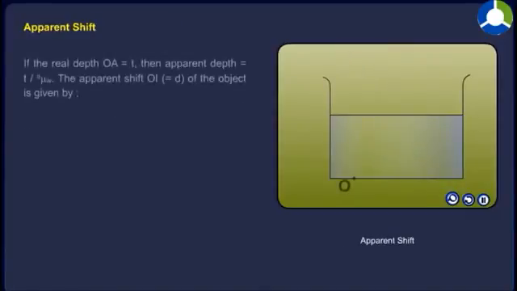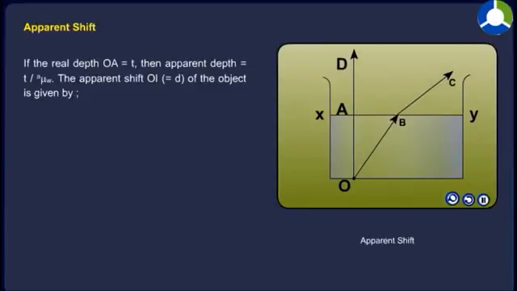Apparent shift. If the real depth OA is equal to t, then apparent depth is equal to t upon aμW.